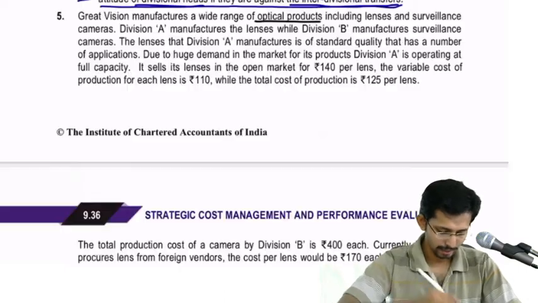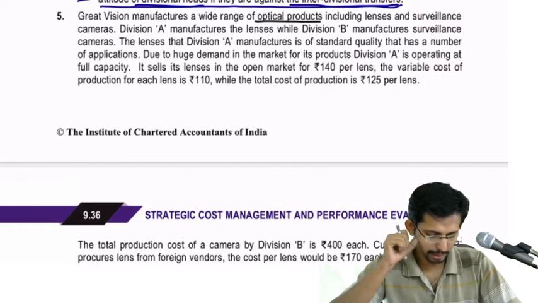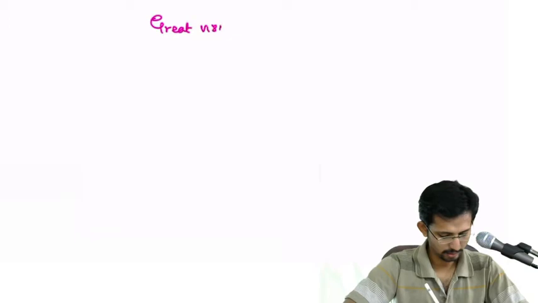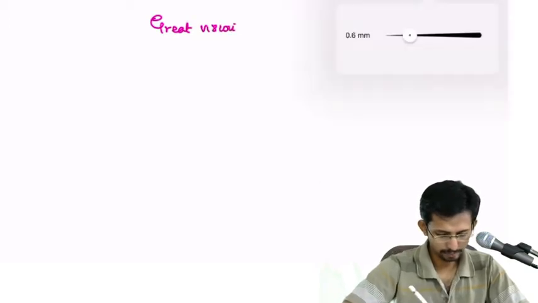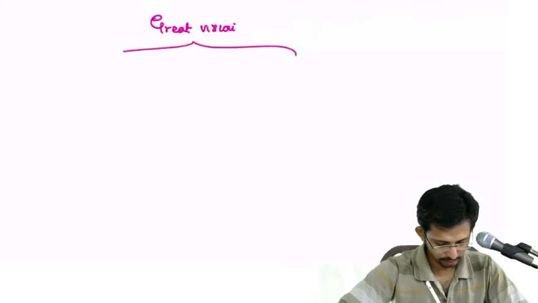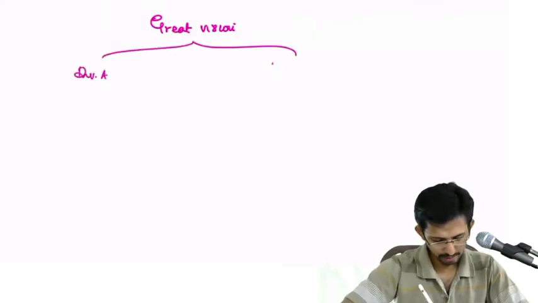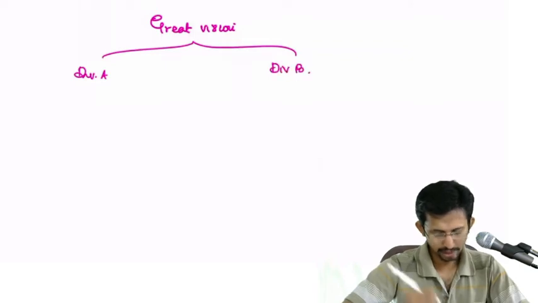Then Division A manufactures the lenses while Division B manufactures surveillance cameras. So you have Great Vision, and Great Vision has two divisions, Division A and Division B.